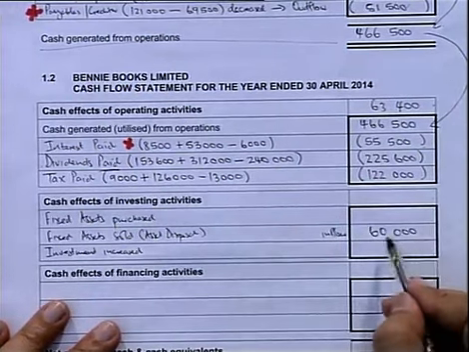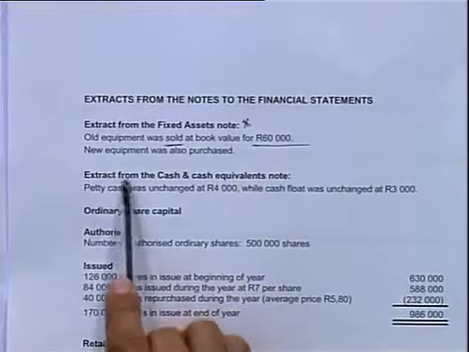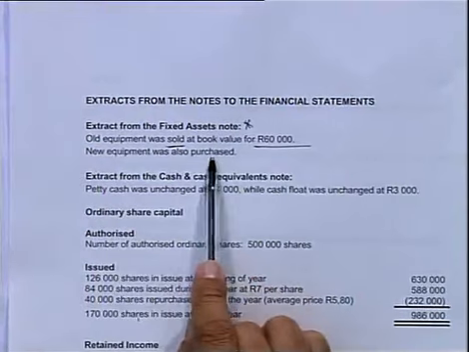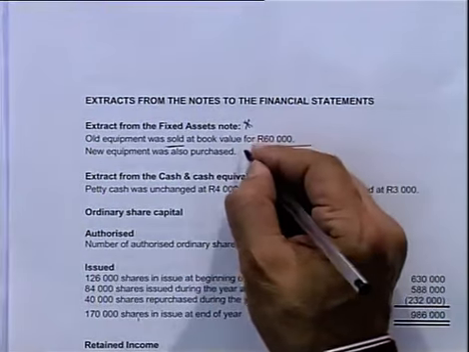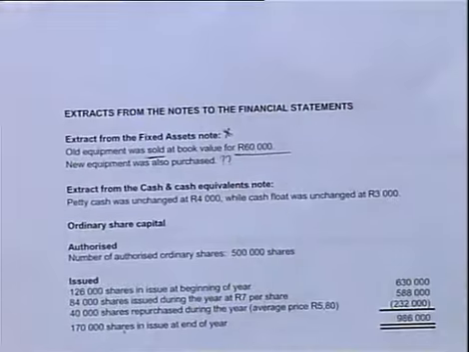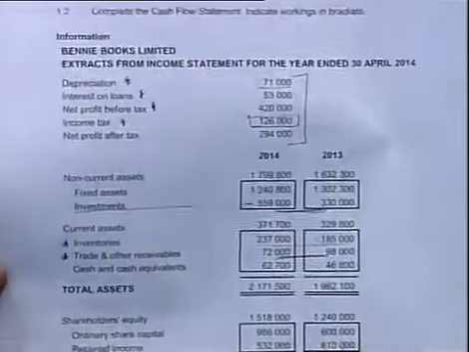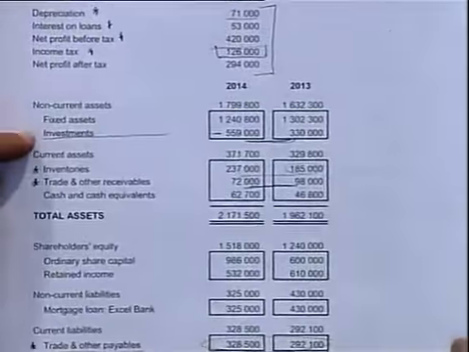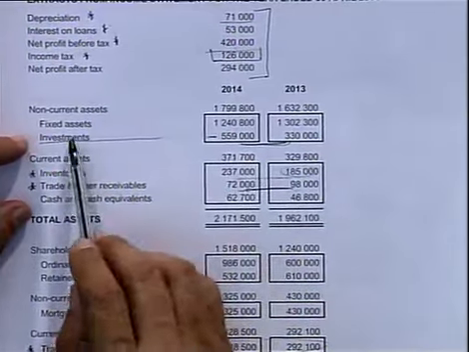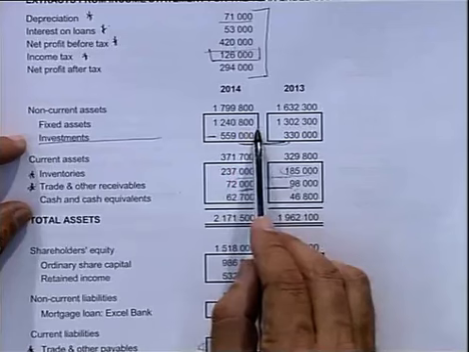So it will go without brackets. Then also it says new equipment was purchased, but no amount. So now we have to go and calculate that amount. Right? So now we have to look at the figure for fixed assets that they give us in the balance sheet. There I have fixed assets and there we have fixed assets.